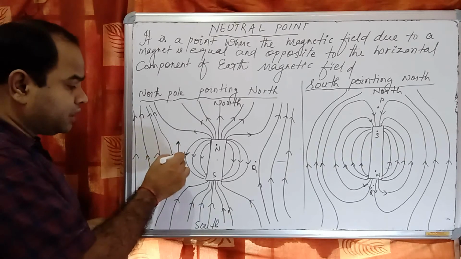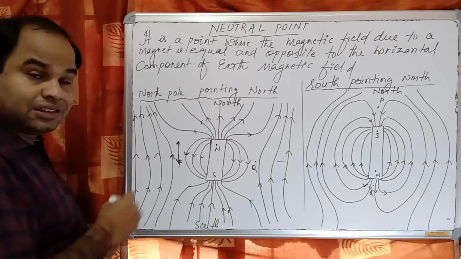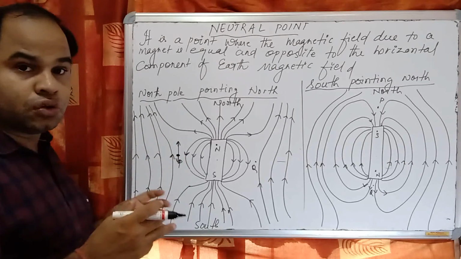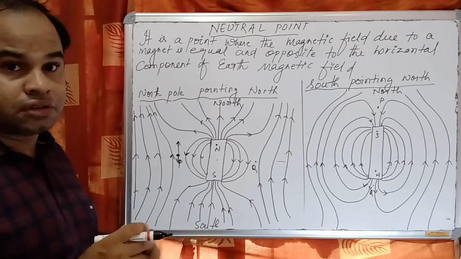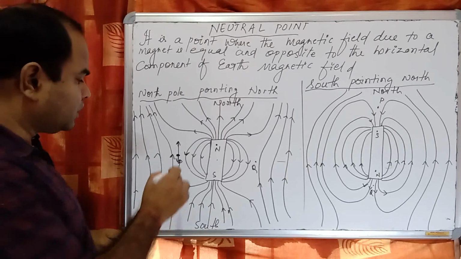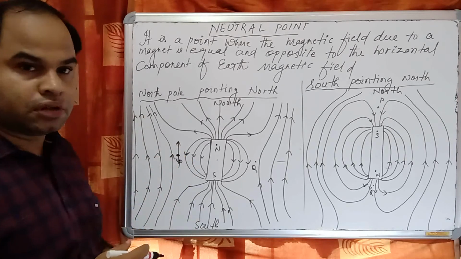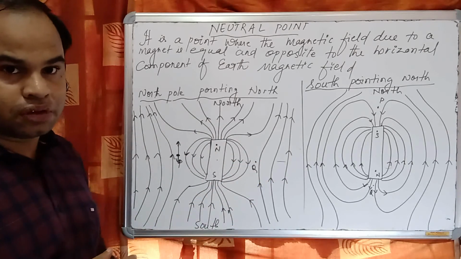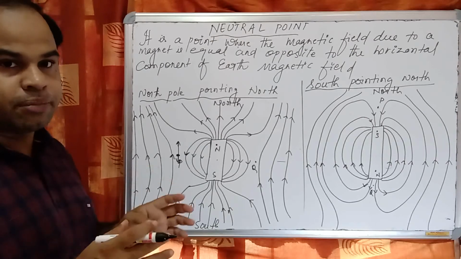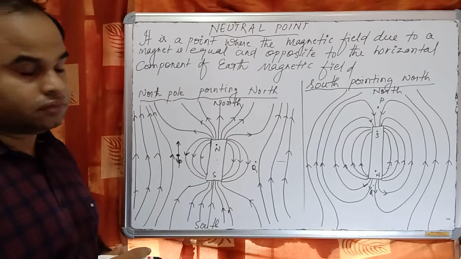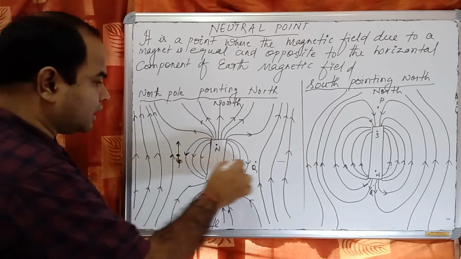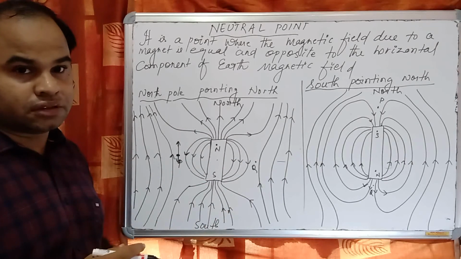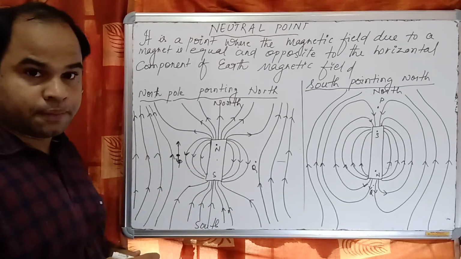If the two magnitudes are the same, then it is a neutral point having zero magnetic field strength. So we can say this P is a neutral point. Similarly, this Q is also a neutral point where the net magnetic field strength is 0. P and Q lie along the equatorial line of this bar magnet.